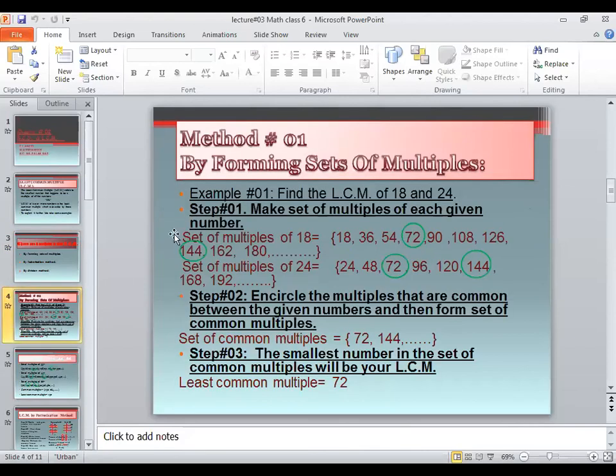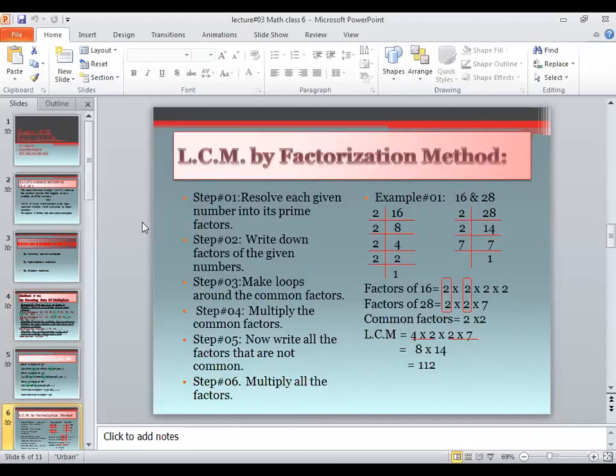This is your first method, by forming set of multiples, where you will form the set of multiples of each number and then encircle the common multiples and then find out the least common number in the set of common multiples.